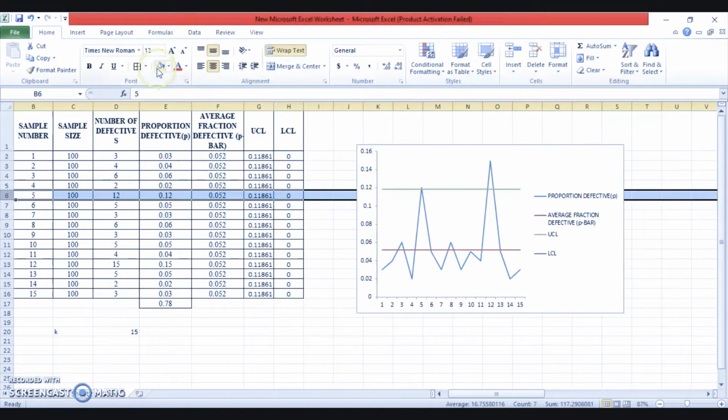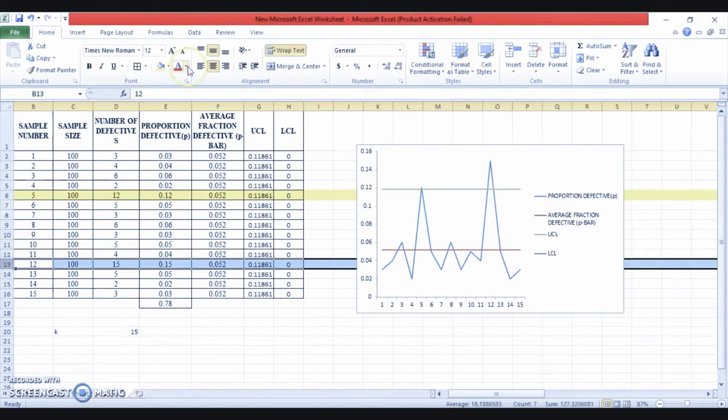I'll just highlight it. The second is point number 12, which is 0.15, again higher than the upper control limit of 0.11. I'll highlight this too.